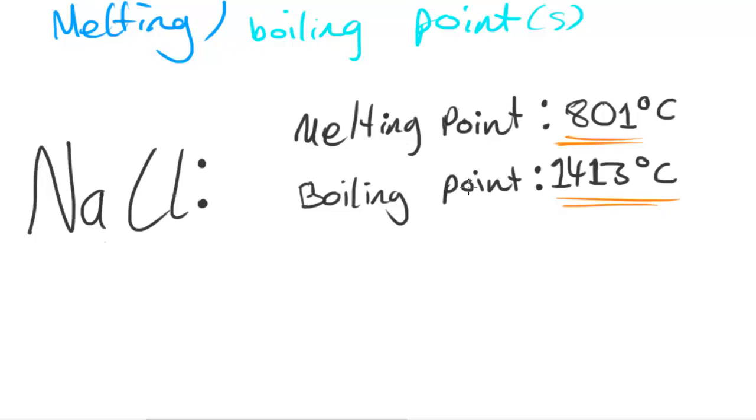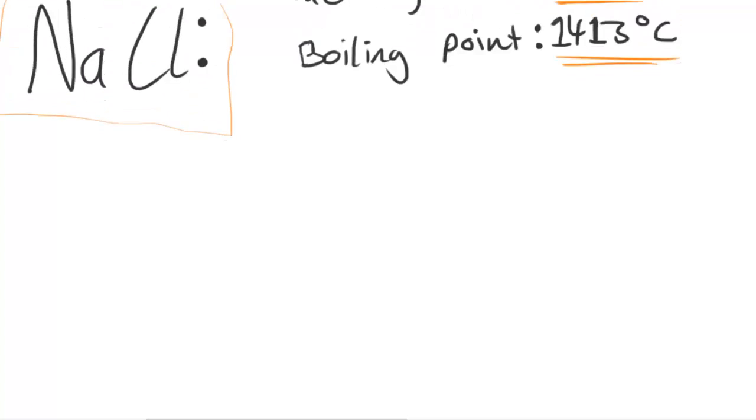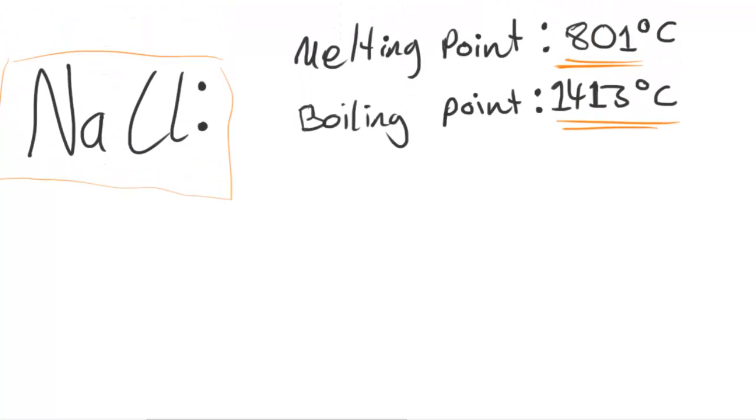Now, the melting and boiling points can vary depending on the type of ionic compound which is present. This particular one here, as you can see, shows the properties of sodium chloride, which has very high melting and boiling points. But there are even stronger compounds that exist.